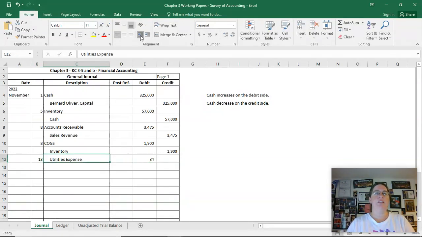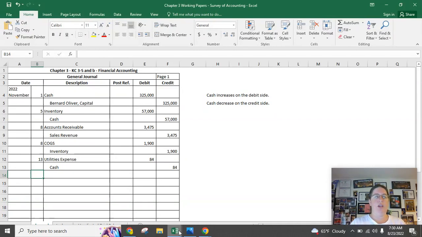They increase on the debit side. Again, I'm going to unindent that one. My indents are a little messed up here. And we paid cash, so I'm going to credit cash, because remember, cash decreases with a credit. So I'm debiting utilities expense to show that I paid it. I'm crediting cash to show that I no longer have that amount of cash.